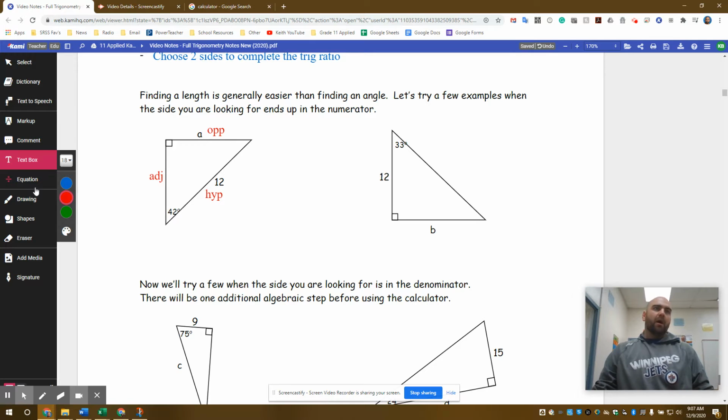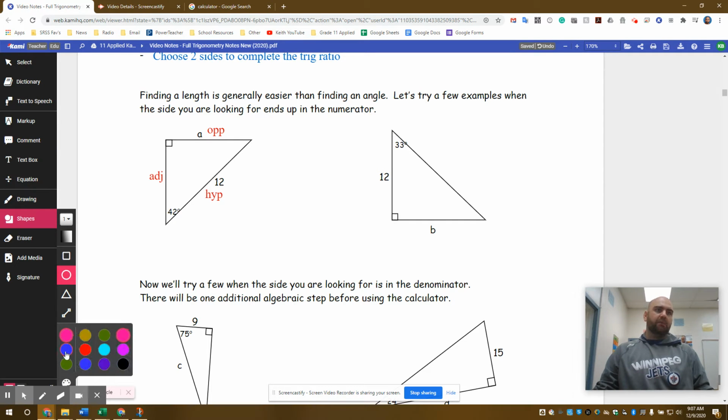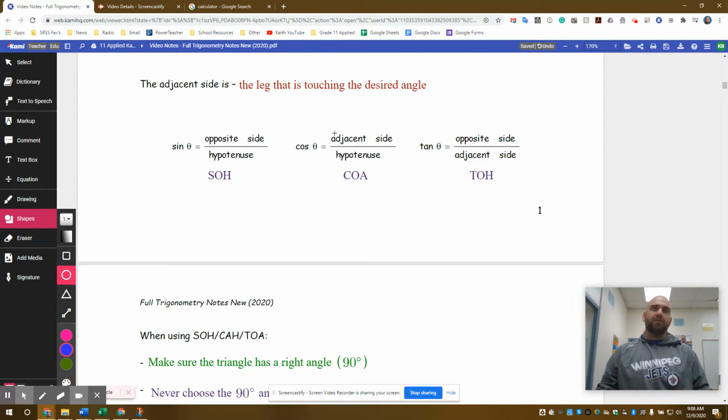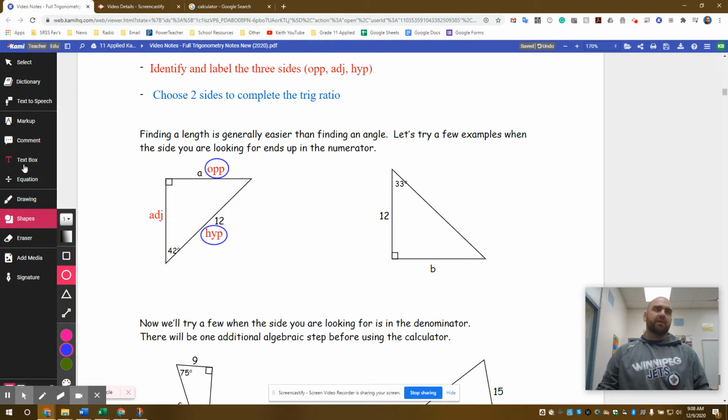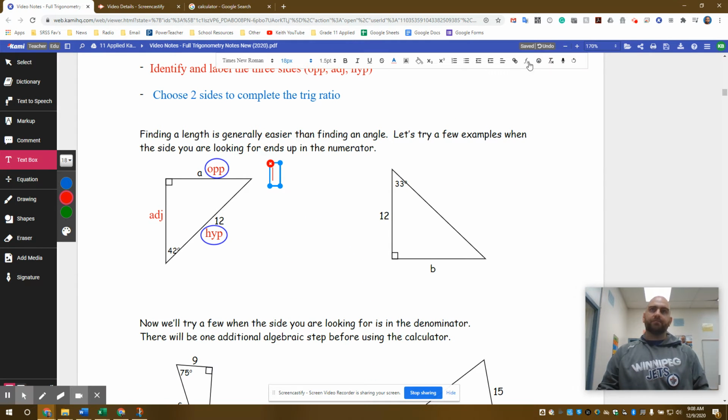Now, because of the situation that we have, we are given the hypotenuse and we're trying to find the opposite. We need to use our trig ratio, which includes opposite and hypotenuse. And so going up a little bit farther here, the one that includes the opposite and hypotenuse is our sine ratio. So we're going to be using our sine ratio to solve this question here.